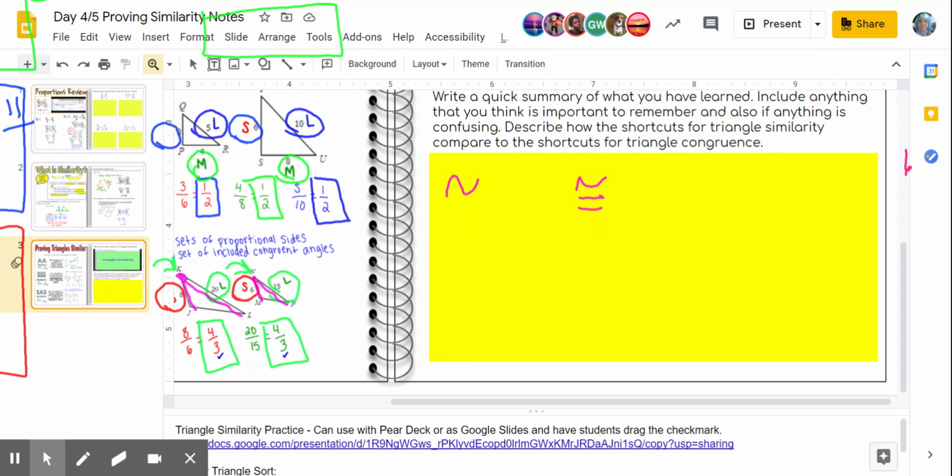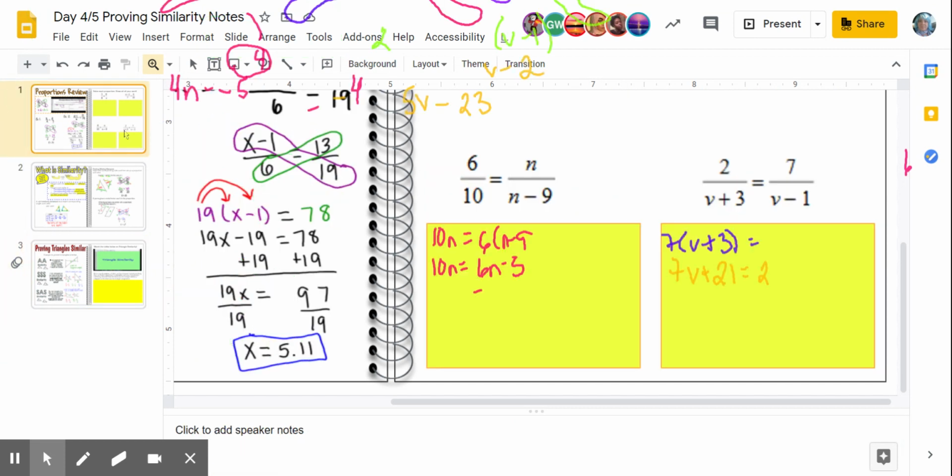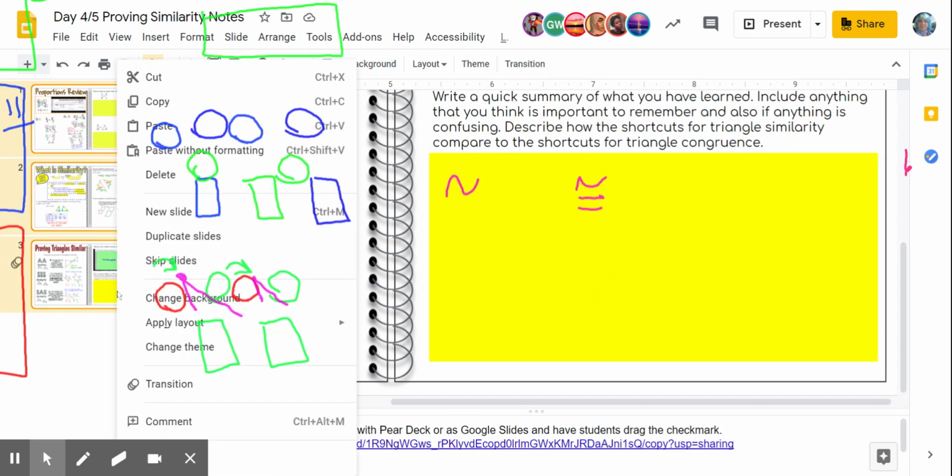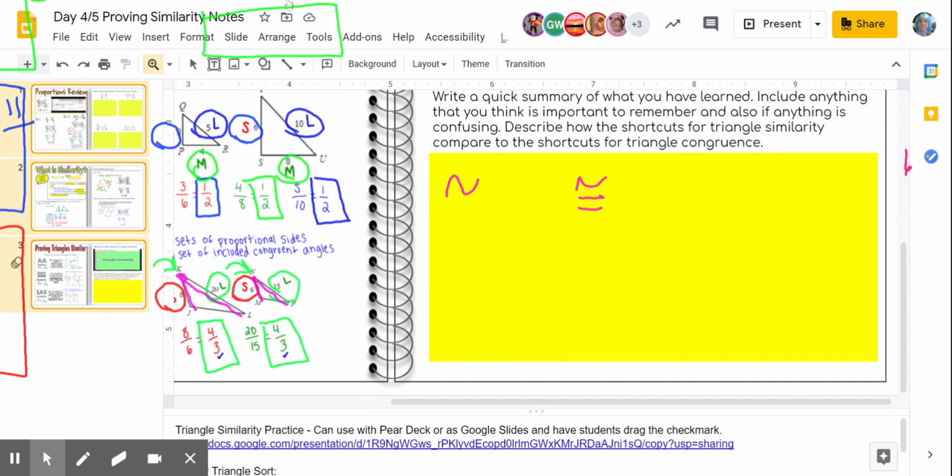So make a copy of that. You can go over in the left. So once you have it open, you can click on whichever slides you need, then right click on it, copy them, and then go into yours and paste them in at the bottom.